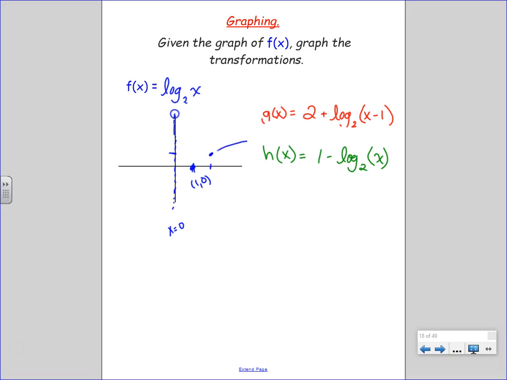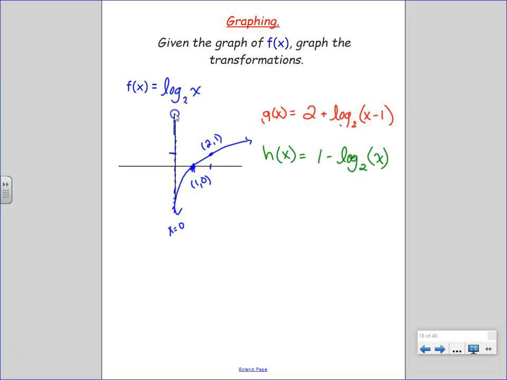That might help us have another point. So when y is 0, x is 1. When y is 1, x is 2. And if you need to visualize why that's true, just think about exponential form. 2 to the 1 is equal to x. Remember, the y is just the power. So 2 to the 1 is x. Oh, okay. X is equal to 2.